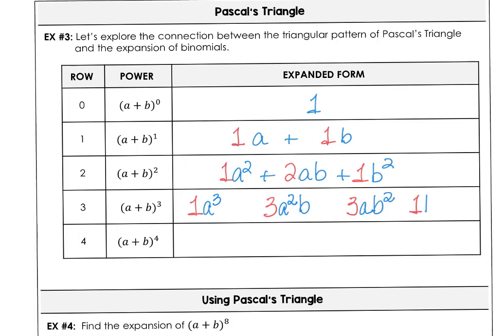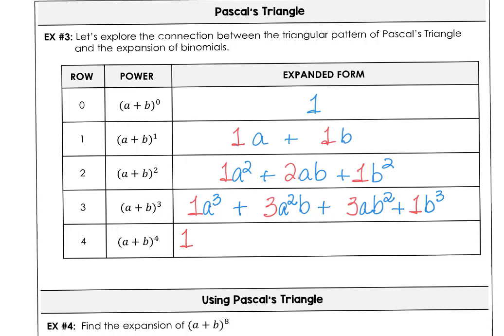And finally, there's no a and a b cubed. And because our operation is addition, we're going to have plus and plus and plus in between. So our operation stays positive all throughout. And then finally, to put it all together, the pattern is 1, 4, 6, 4, 1 for the fourth power.